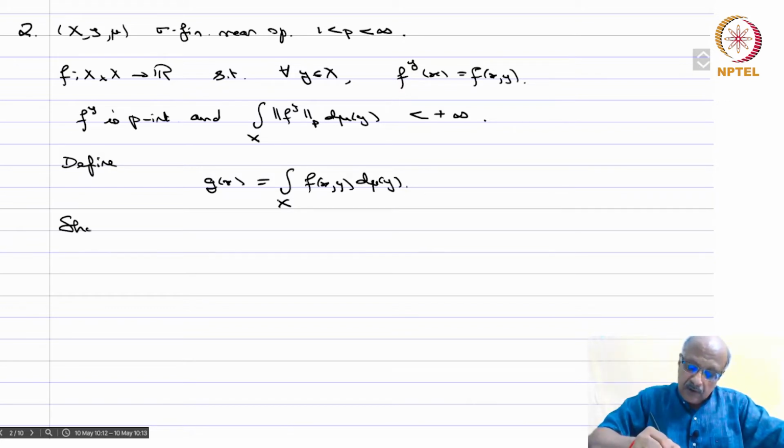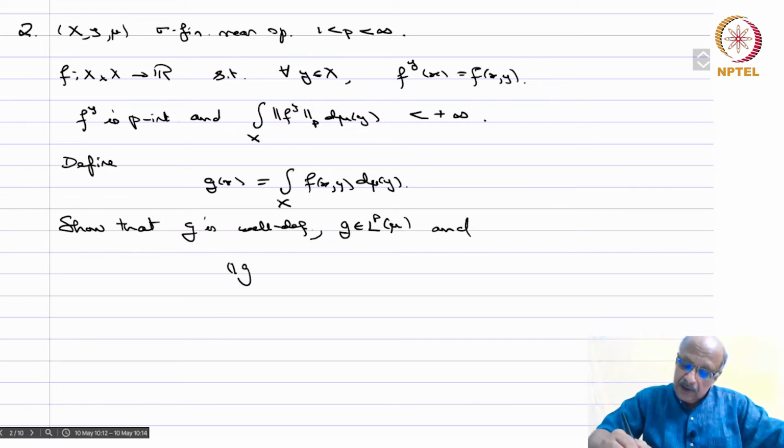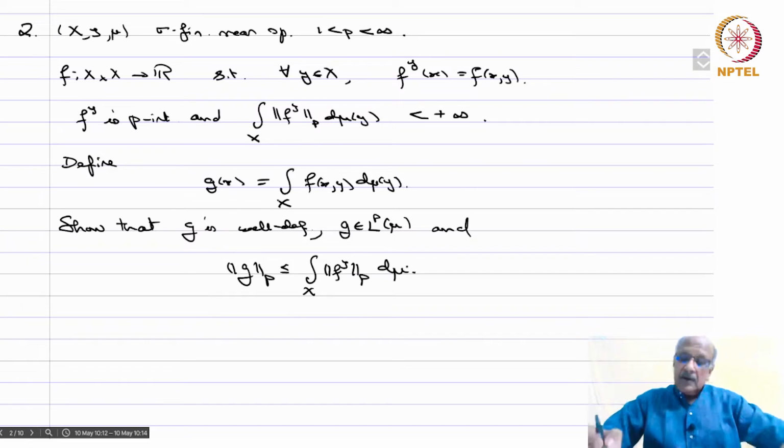Show that g is well defined, g is in L^p(mu), and norm g_p is less than or equal to integral over X of norm f_y_p d mu(y).